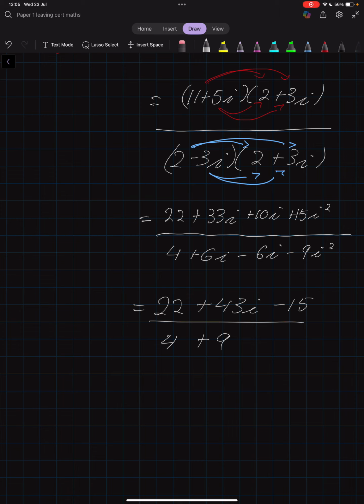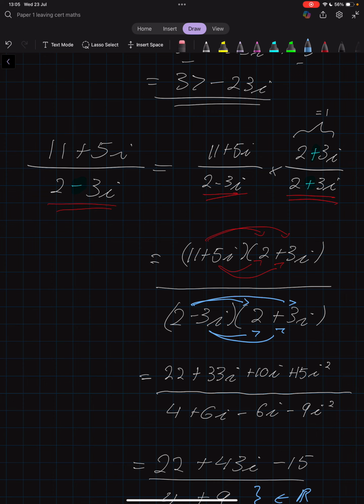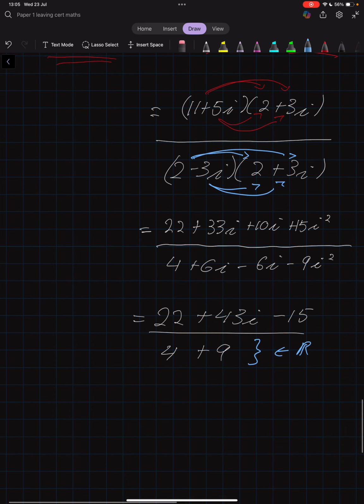Hopefully now it becomes obvious why I wanted to do what I did, because this now is a real number. It was an imaginary number, and now all of a sudden it's a real number. So now I have 7 plus 43i all over 13.